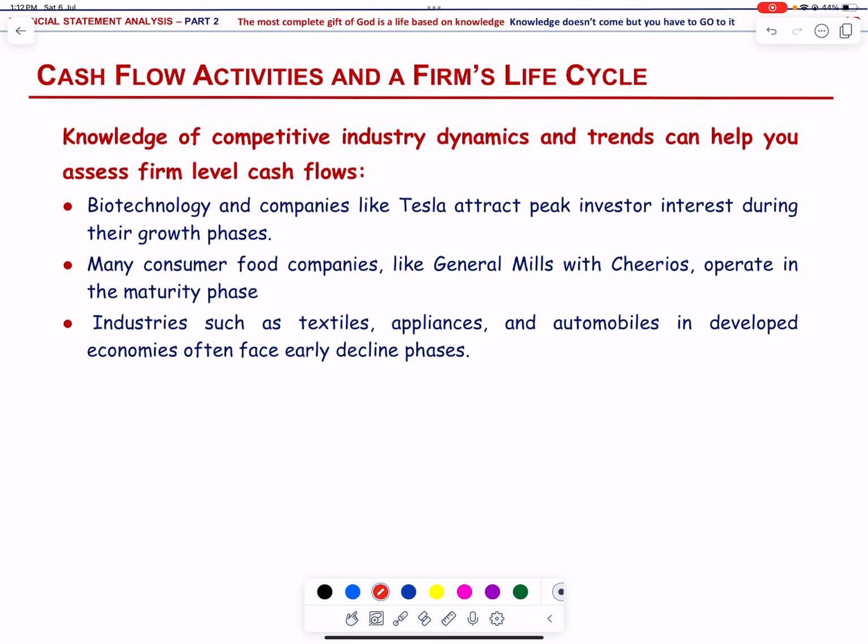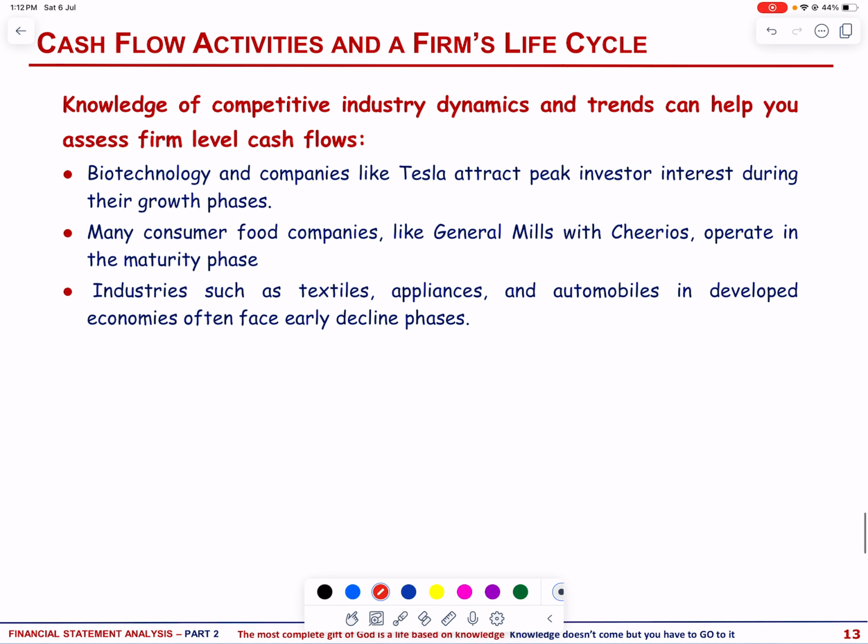Now, the knowledge of competitive industry dynamics and trends can help us assess a firm's level of cash flows. Technologically driven industries like biotechnology, Tesla, so industries like these they see peak investors' interest during the growth phase.